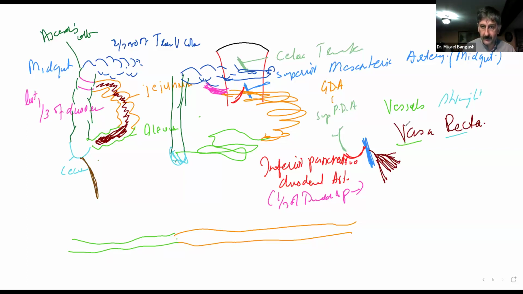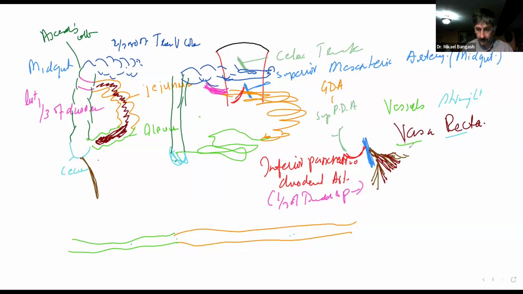So the pattern of these vasa recta is going to enable us to differentiate whether this loop is the ileum or the jejunum. But as you might have seen from the previous diagram, this vessel branches into an extensive network.